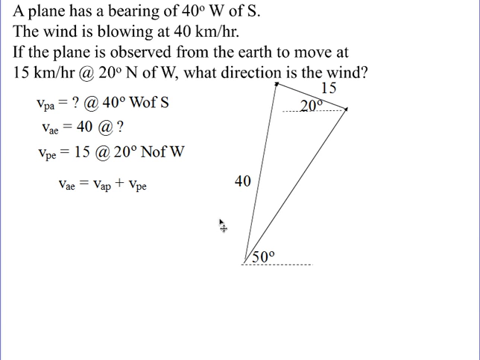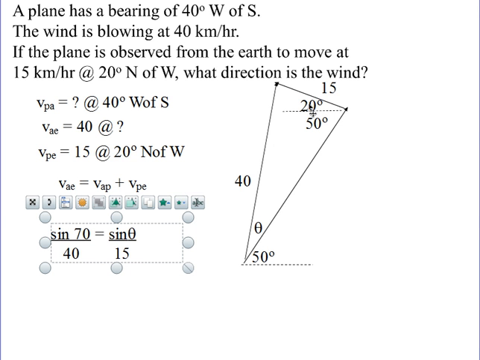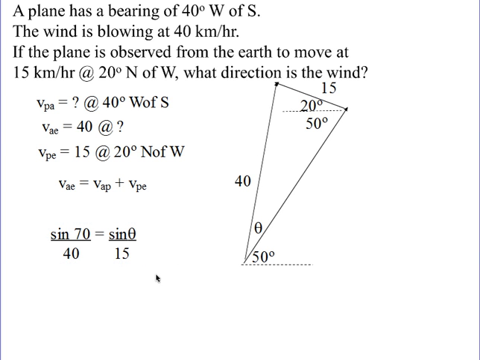Now, there you have made the triangle, and what I want to know is this angle right here to get the direction it's going. If this angle is 50, then this angle up here is 50, and then I can use the law of sines that the sine of this angle, 70, is to the side opposite 40, as the sine of this angle that I'd like to find is to the side opposite 70.